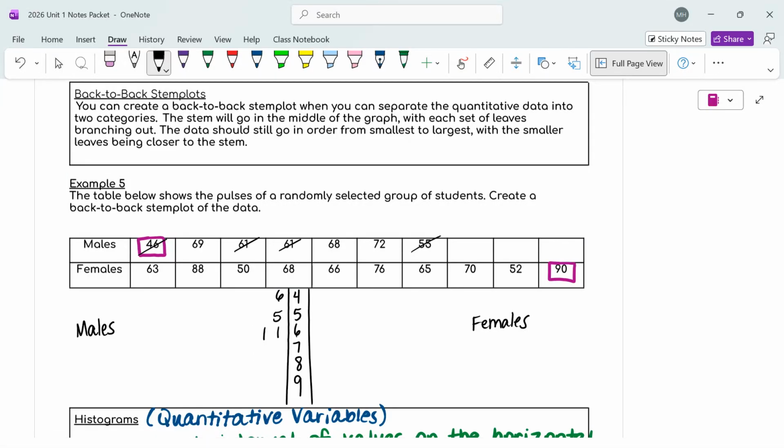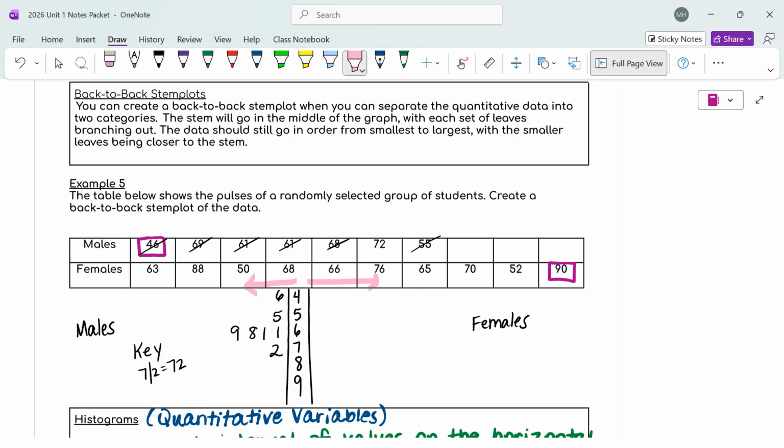Two 61s, a 68, a 69, and a 72. And again, my key, we could say 7 line 2 is equal to 72. In this case, the 2 is coming from the 7, but you read it from the stem. You read the line from the stem outwards.